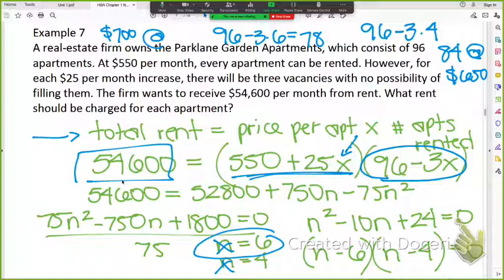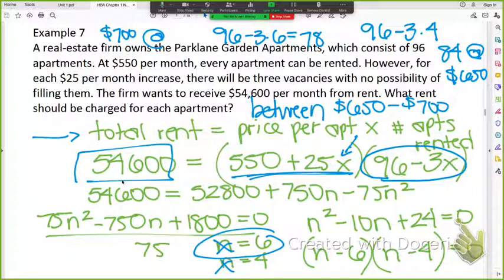Basically, what you just found is that you'd like to charge somewhere between $650 and $700. That's giving you a range of prices. If you charge between those two amounts, you will get what you want. That's what you found. Okay? I would have just said between 650 and 700. That would have been my answer.